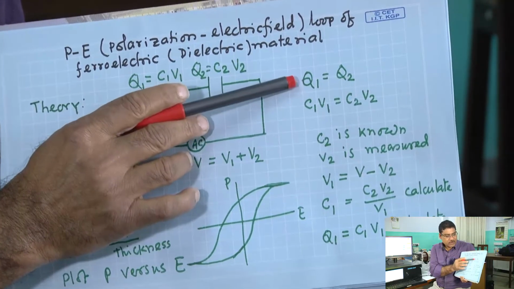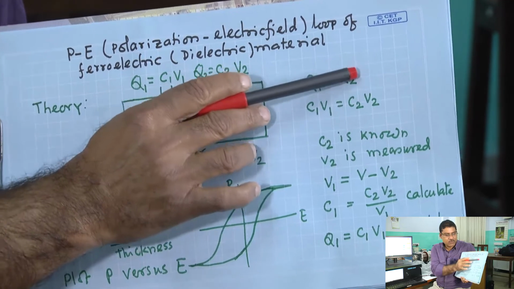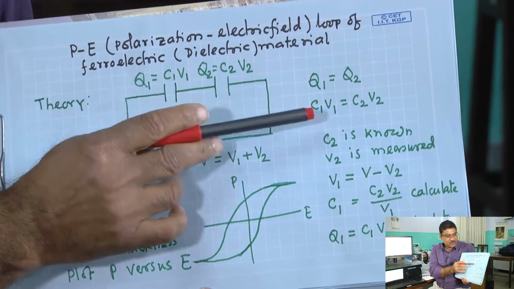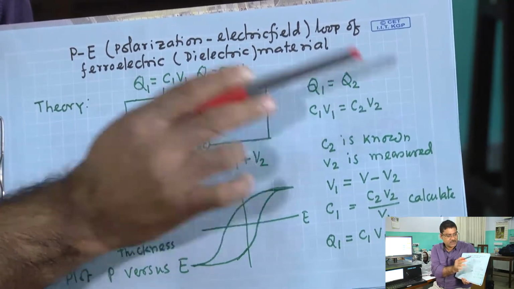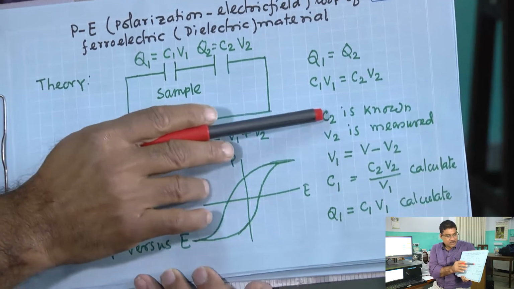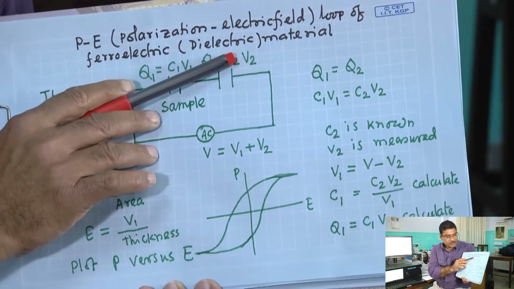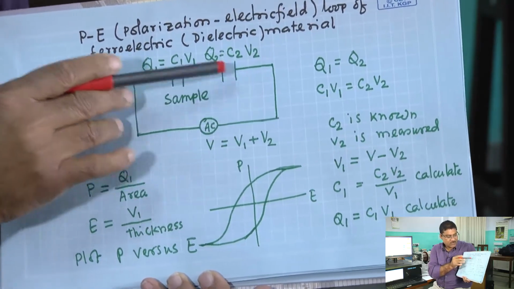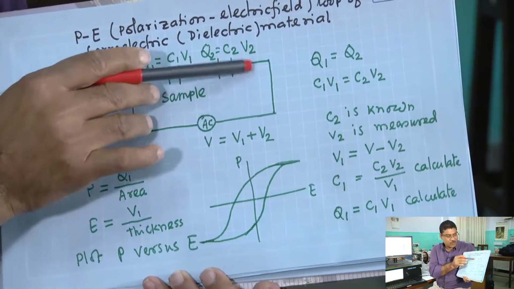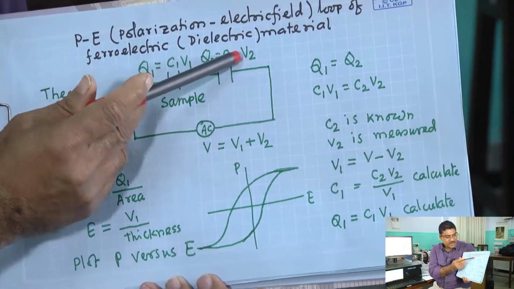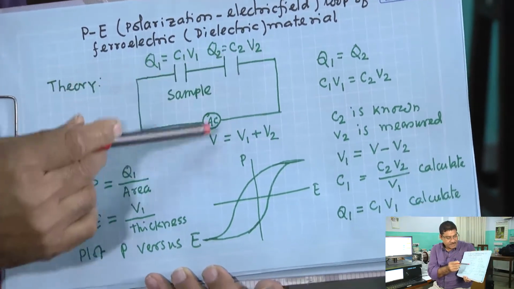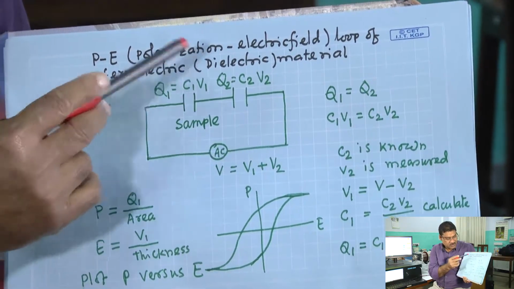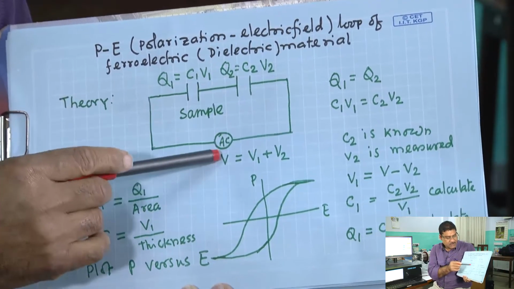So, Q1 equals Q2, that is C1 V1 equals C2 V2. C2 is known, and V2 is measured across the known capacitor C2. V is the applied input voltage, which is also known.